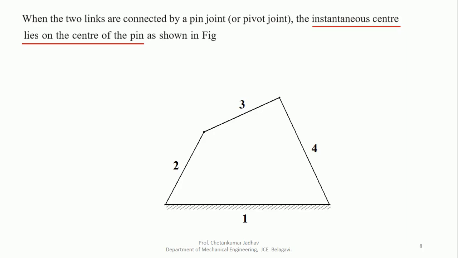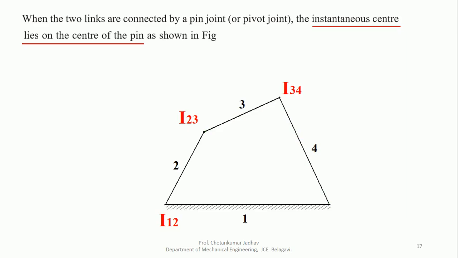The pin joint between element 1 and element 2 is considered as instantaneous center I12. The pin joint between element 2 and element 3 is considered as instantaneous center I23. Similarly, the pin joint between element 3 and element 4 is considered as instantaneous center I34.